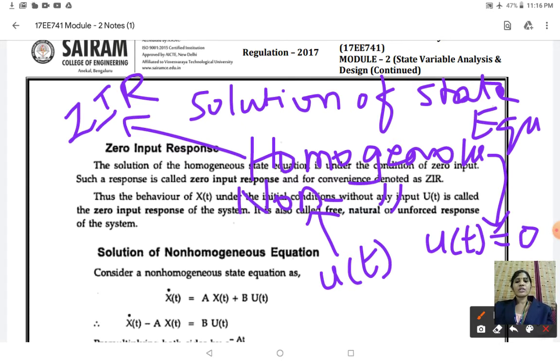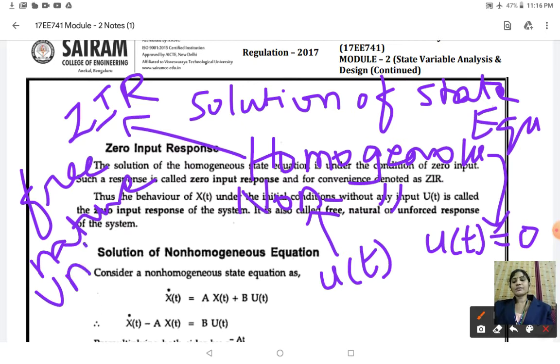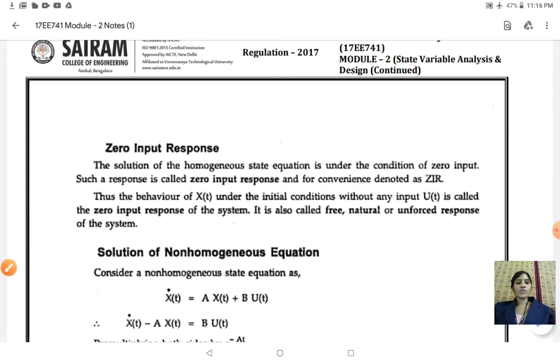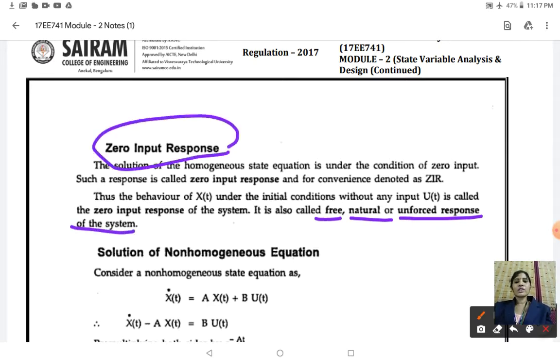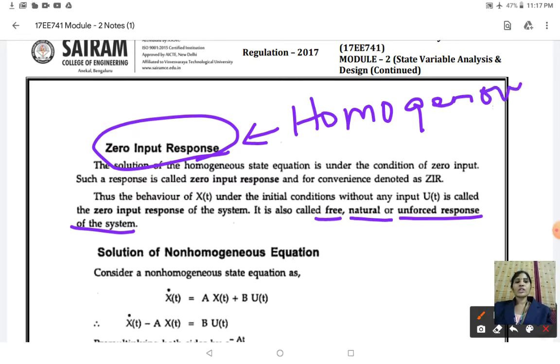We can call it a free response, natural response or unforced response of the system. So under the homogeneous equation the input u of t is going to be 0.